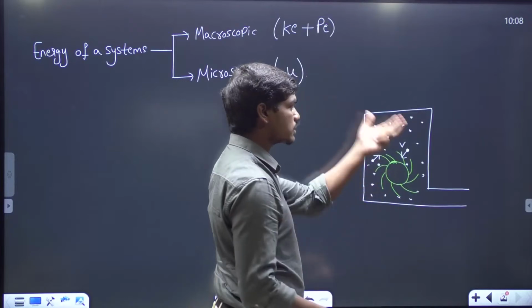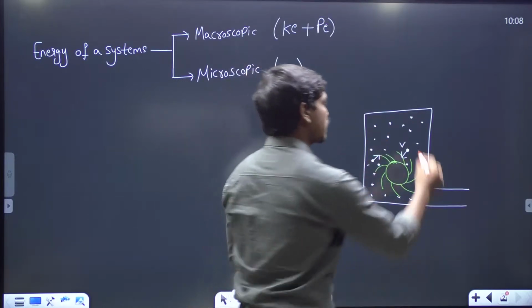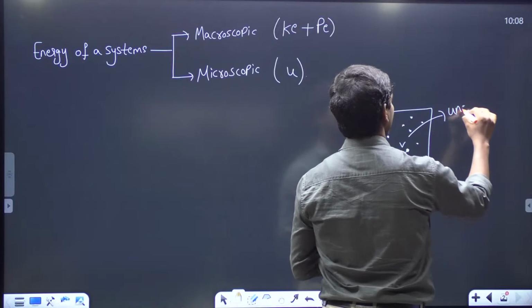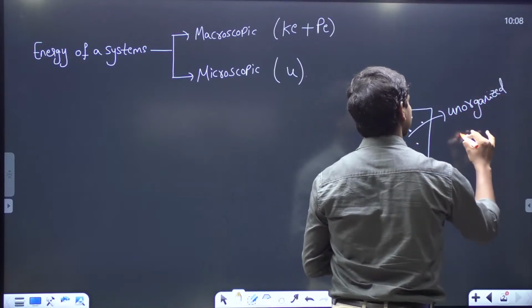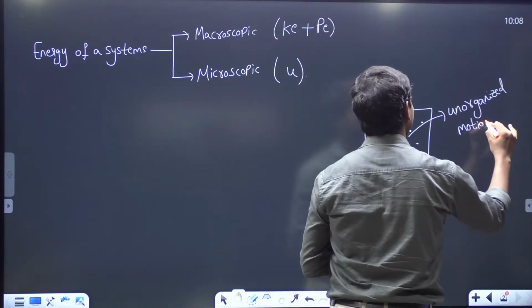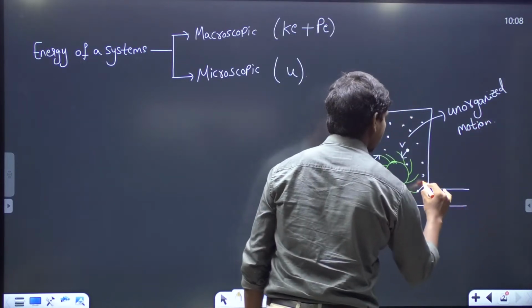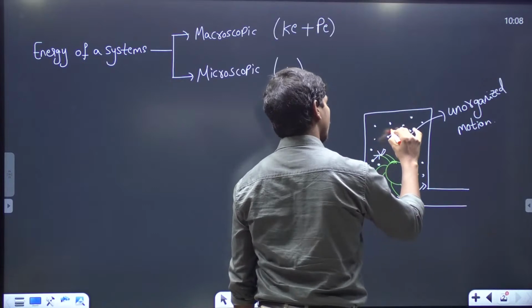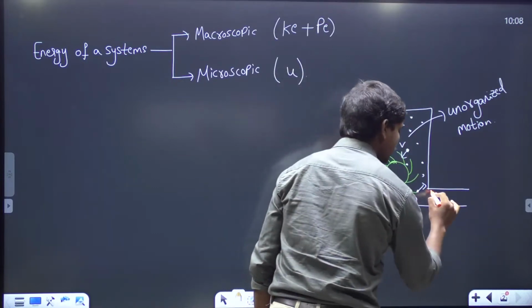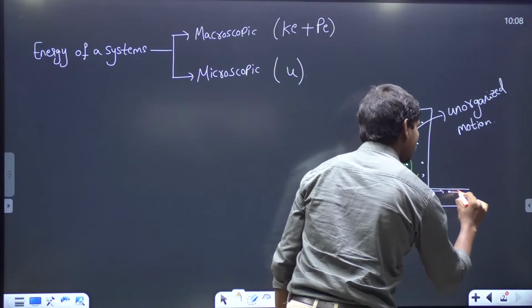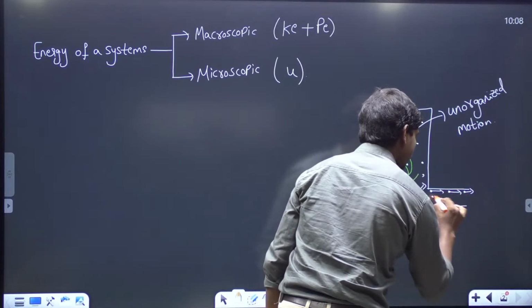So there is no useful work produced by random, unorganized motion inside the system. But if you can organize this motion by passing it through a proper channel, then see what happens.